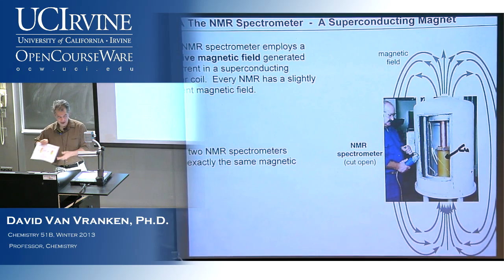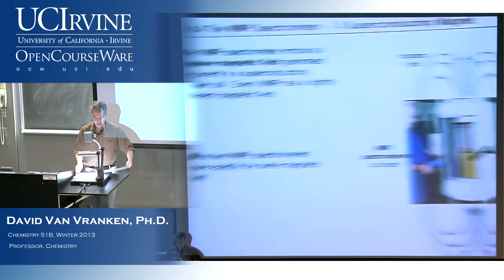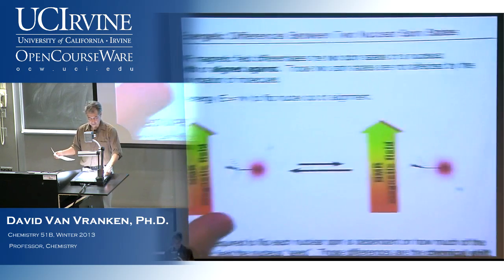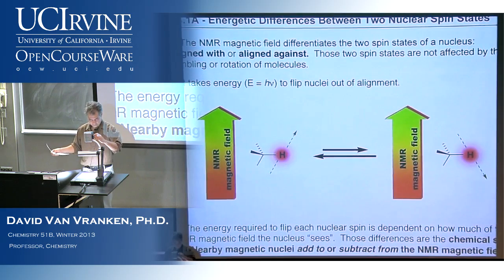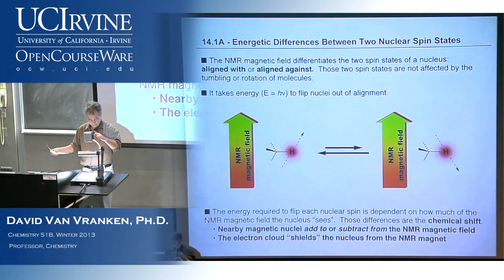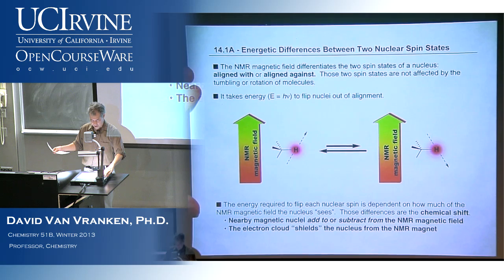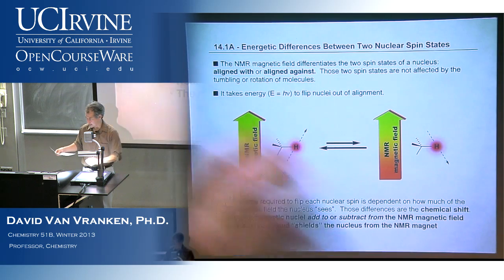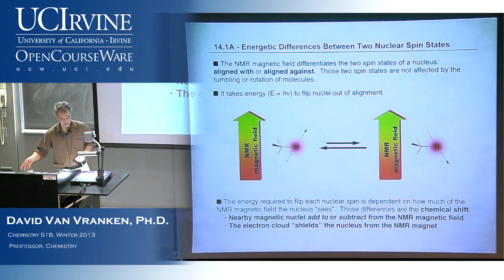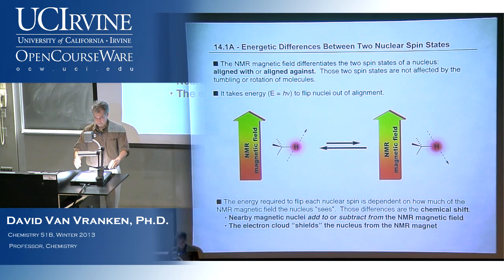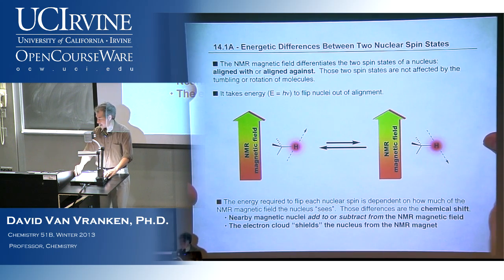Okay, so what's going on deep inside that NMR magnet when you drop your sample in? There's this massive magnetic field, and you need a massive magnetic field.